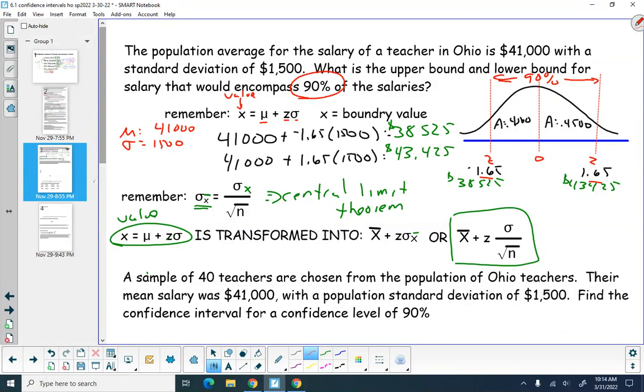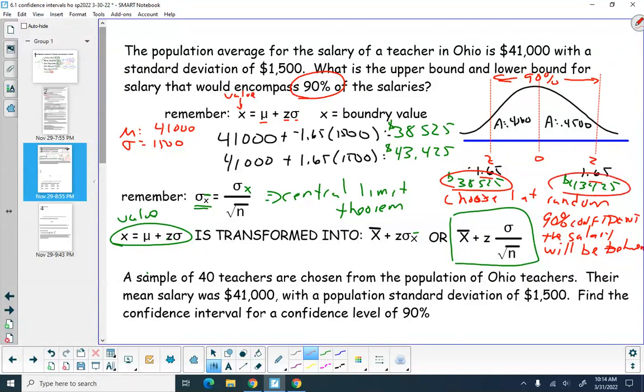Another way of stating what we have here is, if we chose one at random, we are 90% confident the salary will be between these two values here.